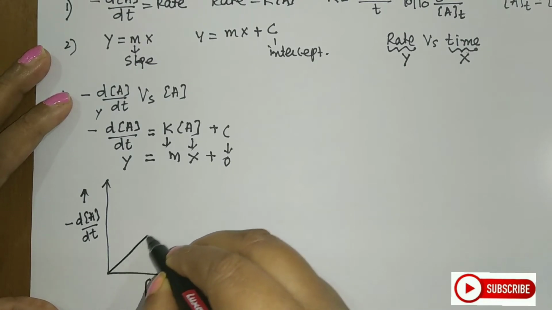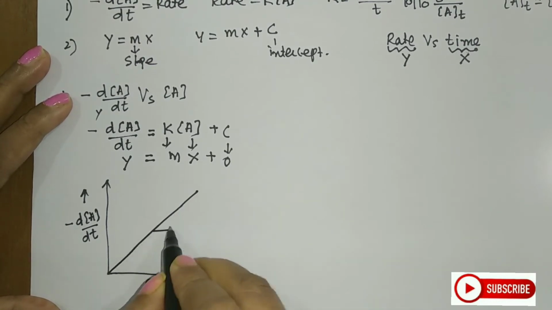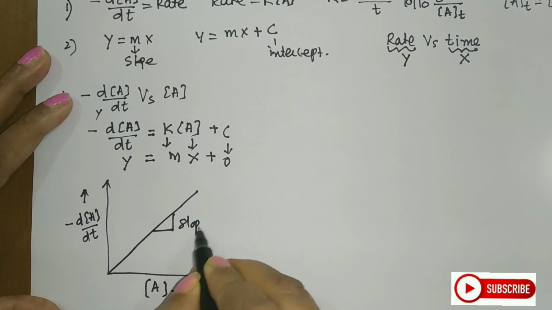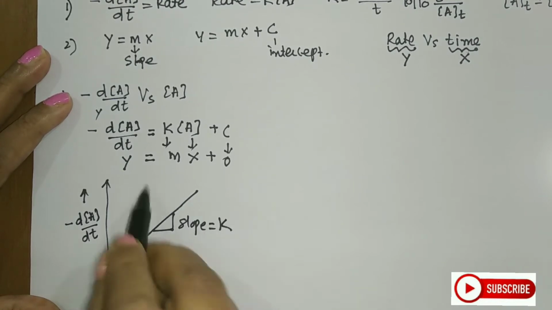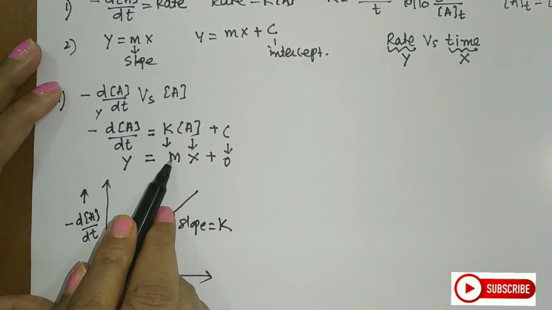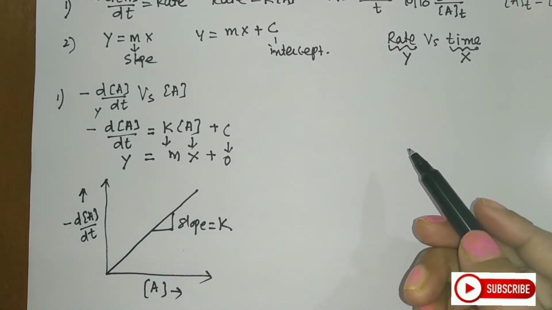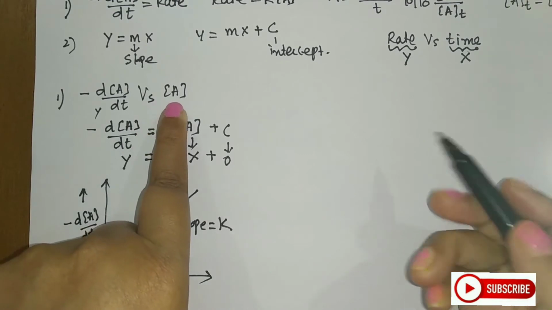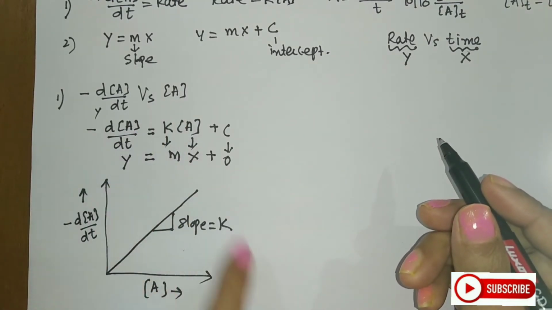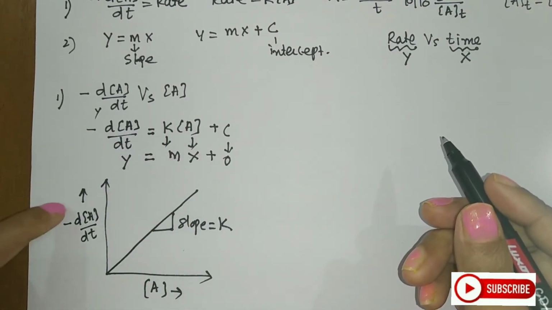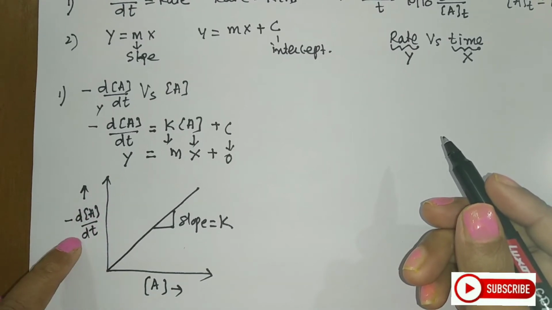The line will be something like this, and I will write here slope is equal to K, because the slope is K, that is the rate constant. So this is the graph. Second way they can ask you the graph is rate versus concentration of A. Students, the graph will be the same, only in place of this you will write here rate.